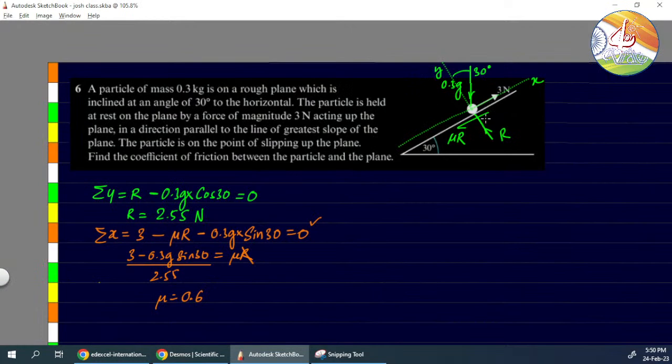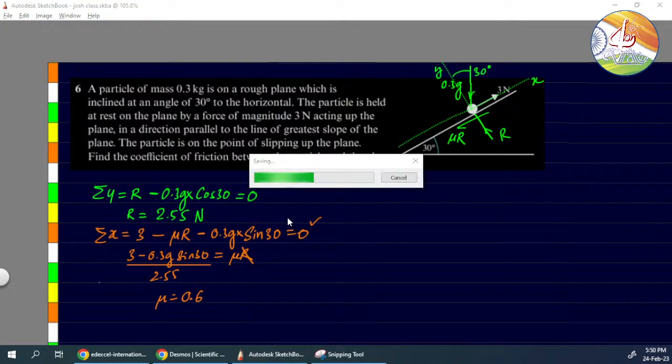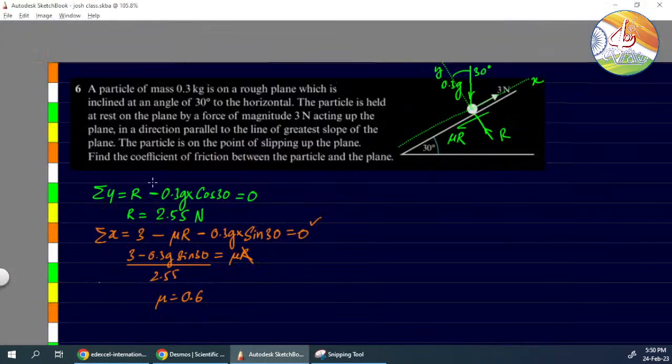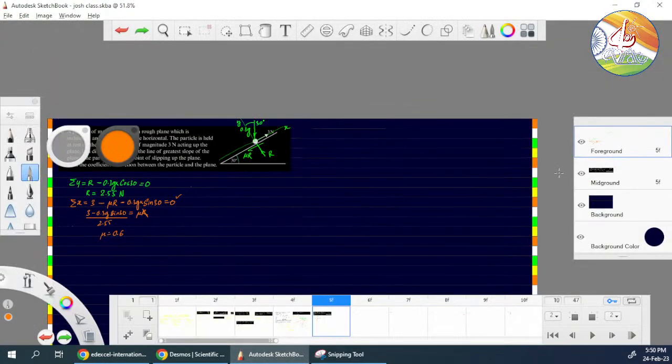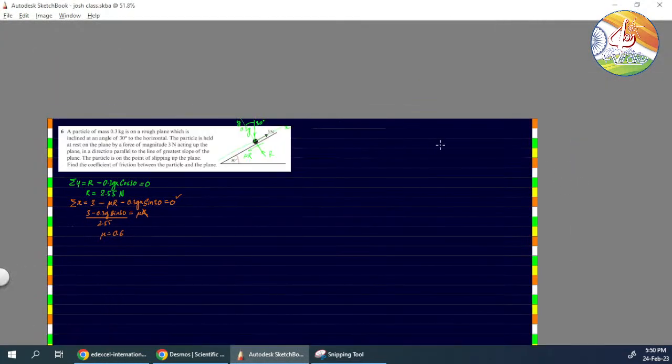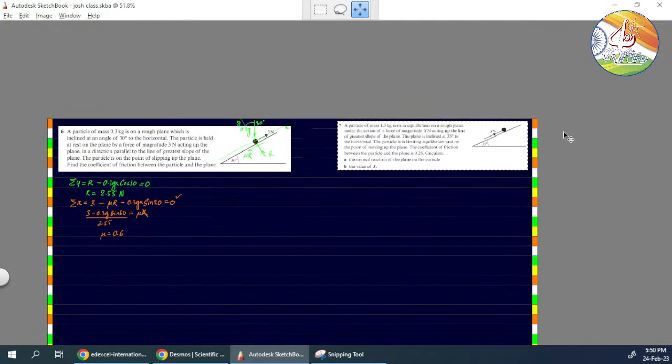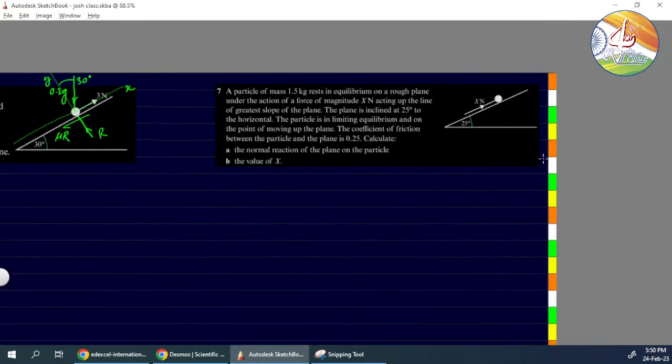If it is tending to slide downwards, friction will be upwards. If it is tending to move upwards, friction will be downwards. So let's take the next one.